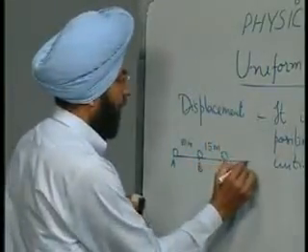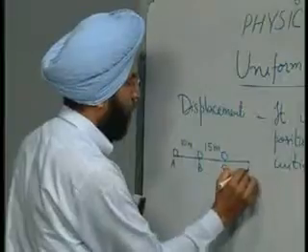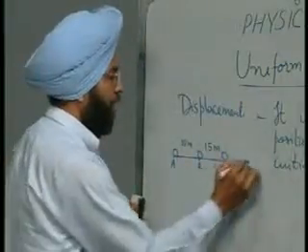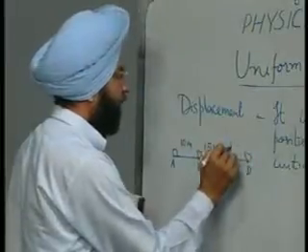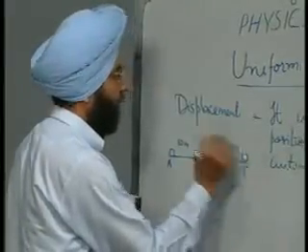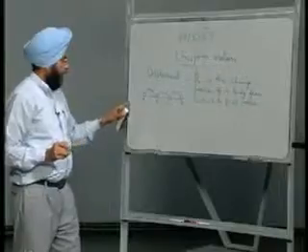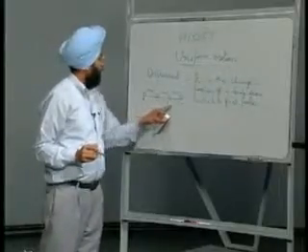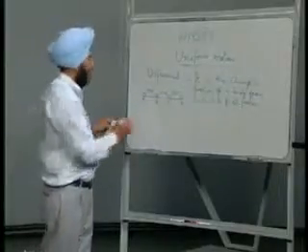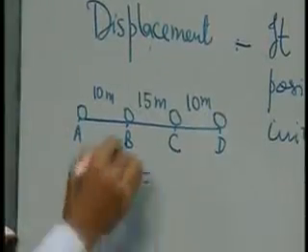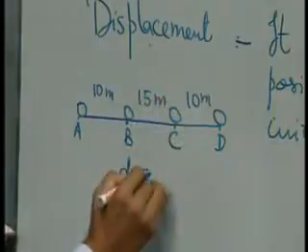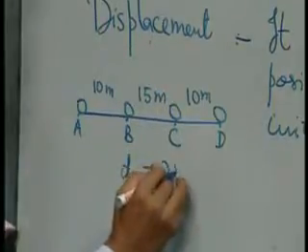Then again we move to position D in the same straight line, that is let us say 10 meters again. Distance travelled d is 10 plus 15 plus 10, 35 meters.